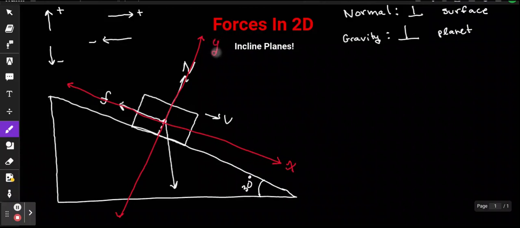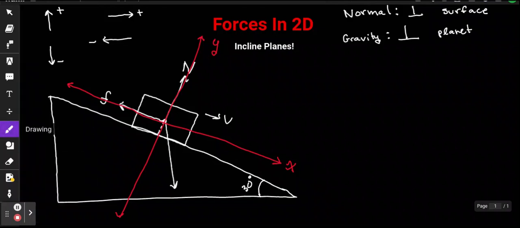It depends on the problem because sometimes the y direction doesn't have to be perpendicular. It can be angled such that the y direction is perpendicular or parallel with the weight rather than the normal force. Okay, so now we have our coordinate plane in which we've defined the y direction to be parallel to the normal force and the x direction to be parallel to the surface of the incline.